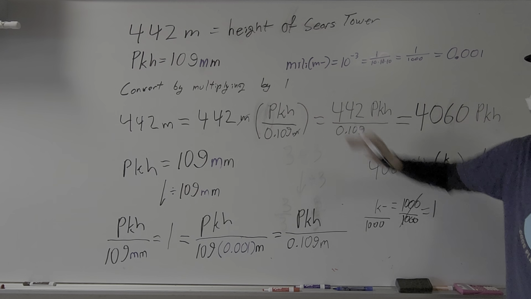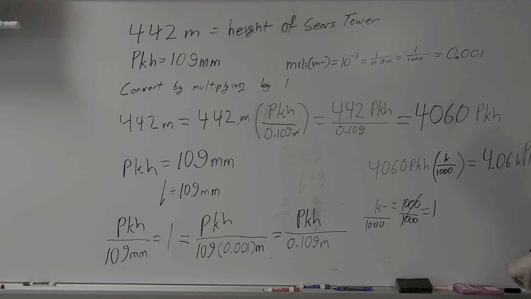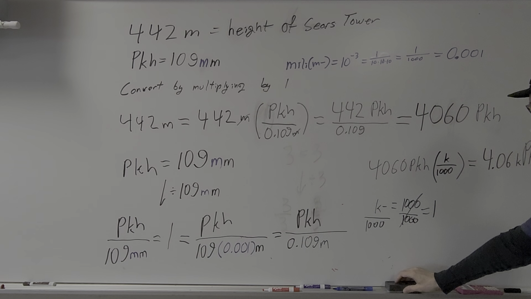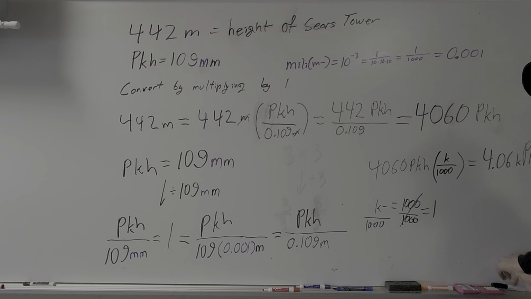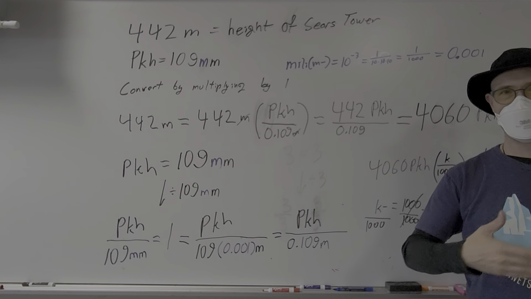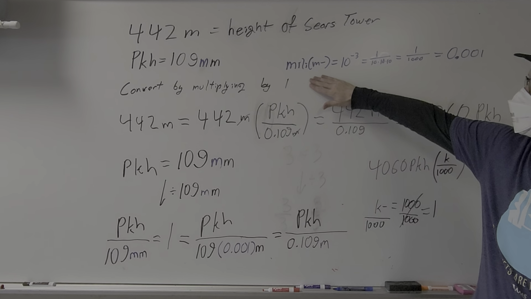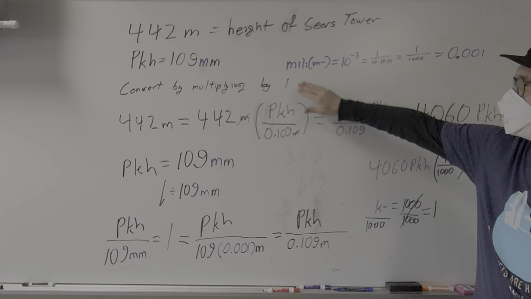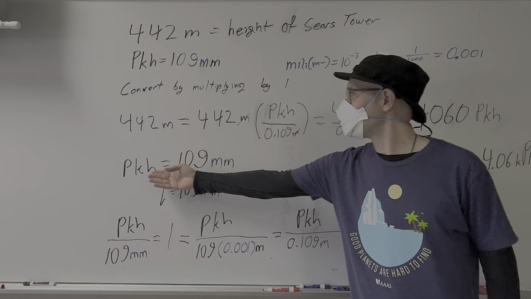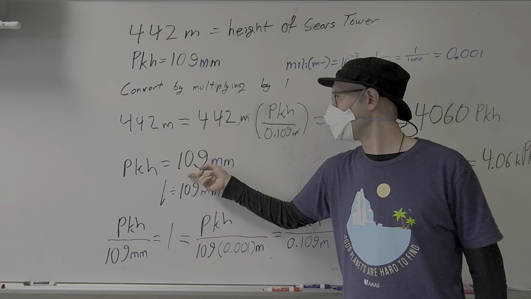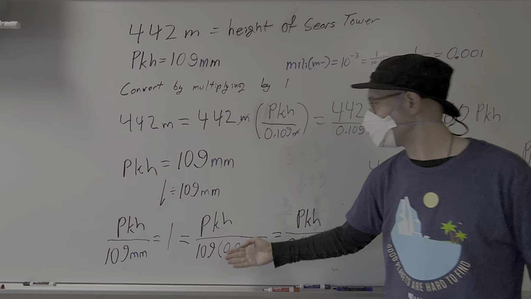That was converting by multiplying by 1. Another way of doing conversions is by substitution. We're going to do the same problem, but I'll start another video so that it's easier to see from the start. What you saw was converting by multiplying by 1: you take an equation and divide by one side to get a 1.